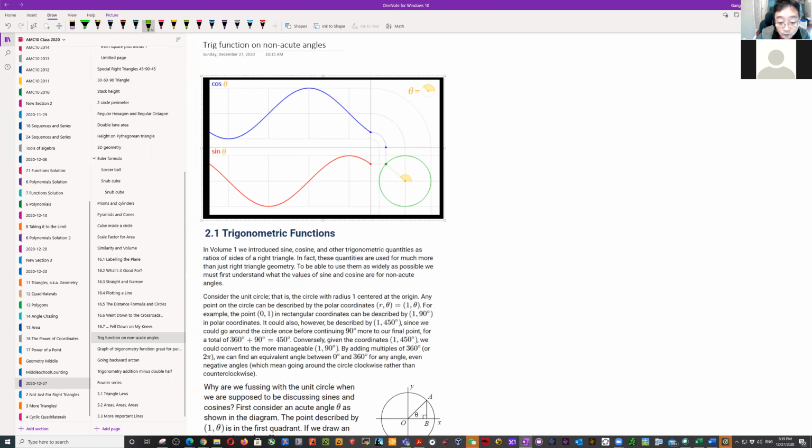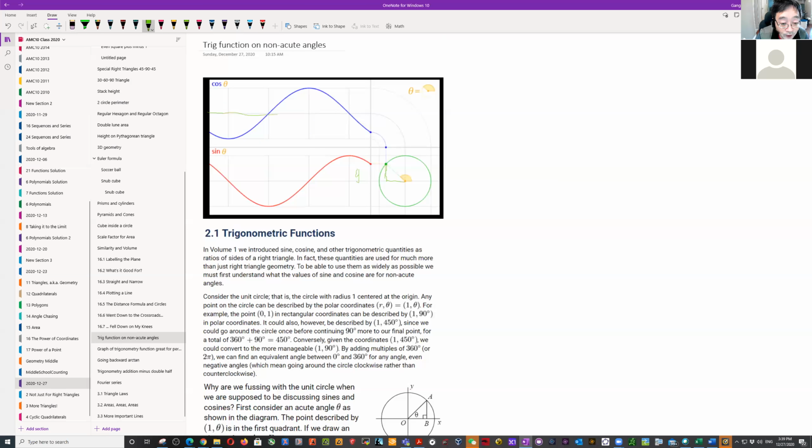So this is an angle bigger than 90 degrees. So here, the sine function is just the y coordinate divided by 1, so it's still 1. And then this basically is the x coordinate. It's actually a negative number.